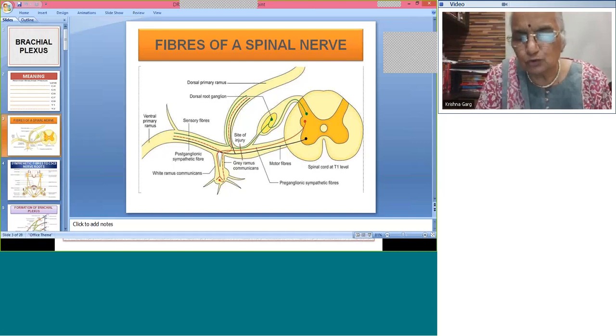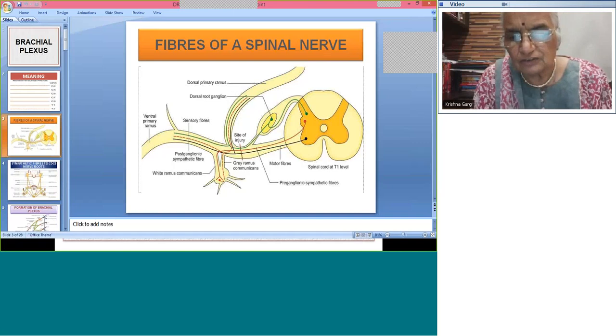They enter the ventral root and the trunk, and from the beginning of the trunk there is a white ramus communicans which goes to sympathetic ganglia. Some of these fibers relay in the sympathetic ganglia and pass as postganglionic fibers via the gray ramus communicans, and these fibers go both to the ventral primary ramus and the dorsal primary ramus.